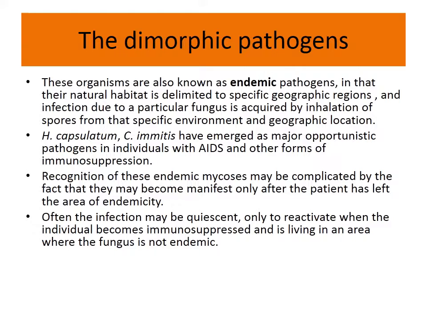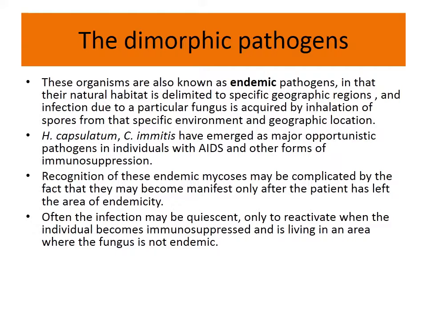And the same organisms that we talked about could also be opportunistic as well, especially Histoplasma capsulatum and C. immitis. These are two important fungi that are related to AIDS patients because they basically are immunocompromised.